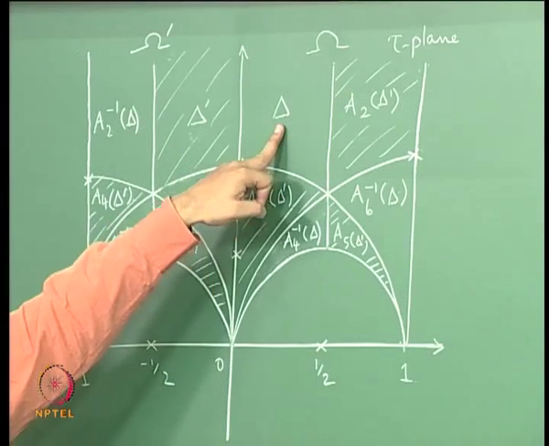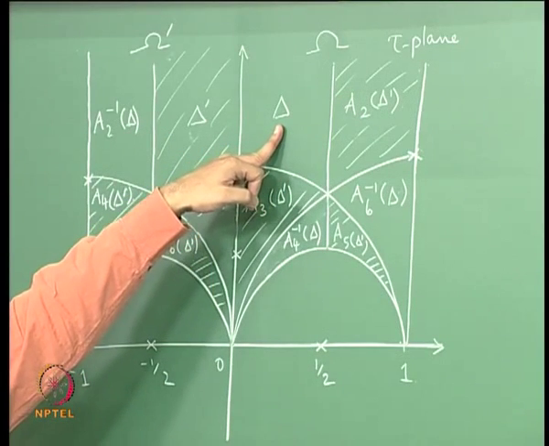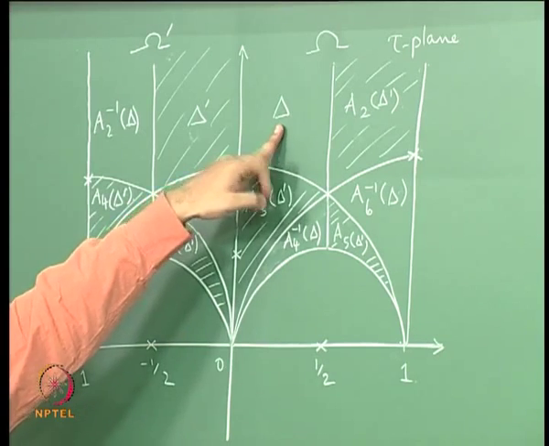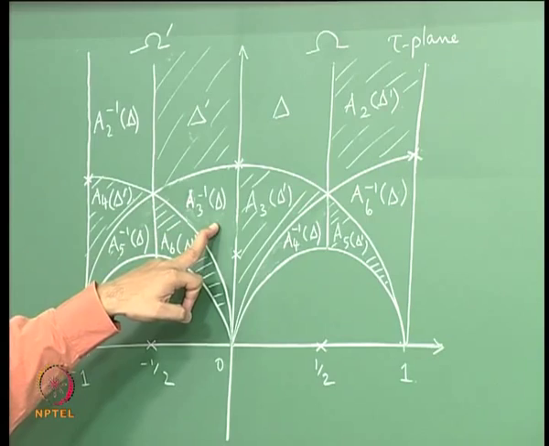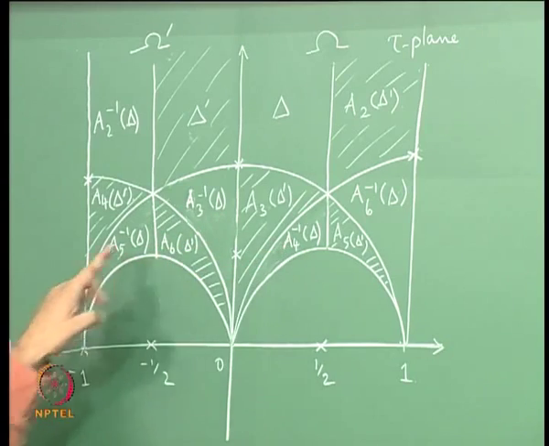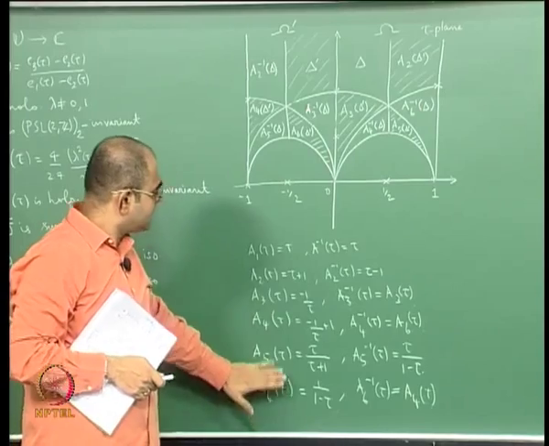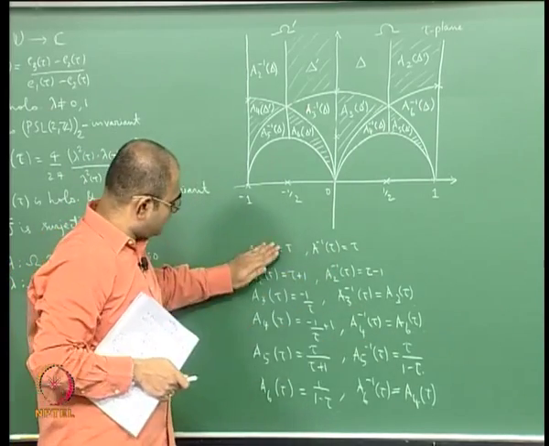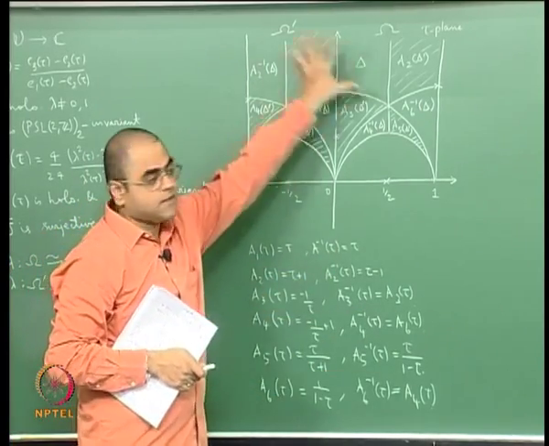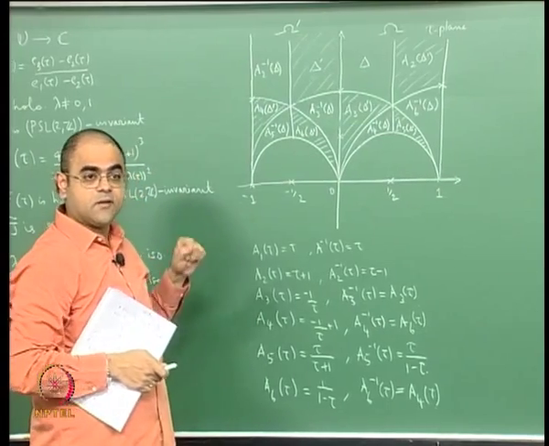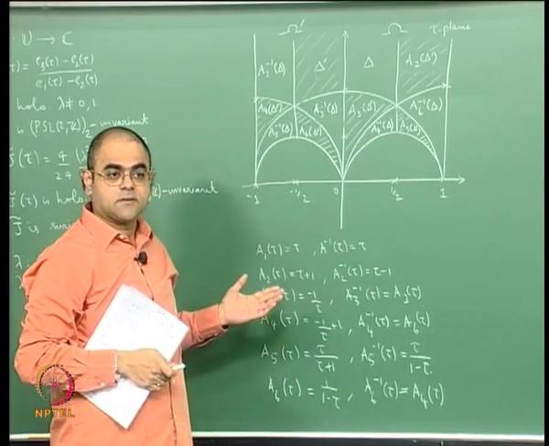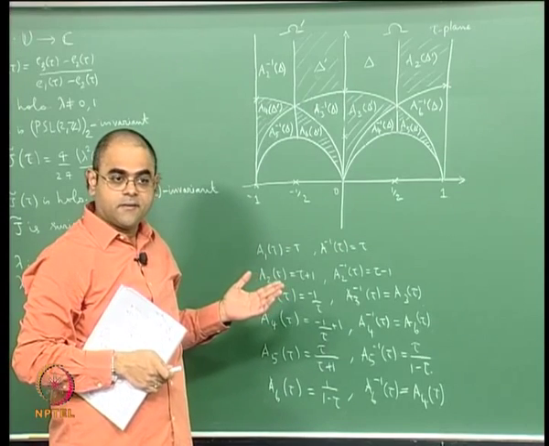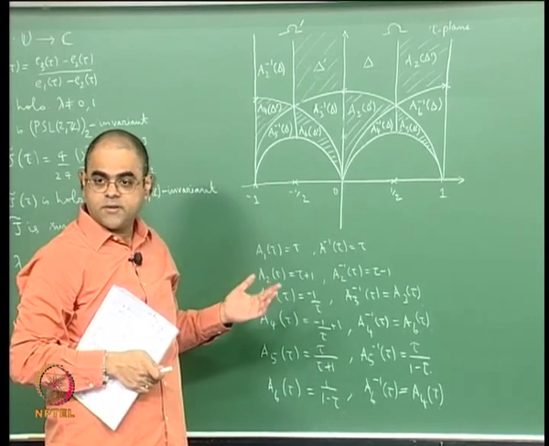So this is A1 inverse of delta, which is the same as A1 of delta, which is identity, then A2 inverse, A3 inverse, A4 inverse, A5 inverse, and A6 inverse of delta. This is how all these 6 transformations and their inverses map this region. Because they are all Mobius transformations, the mappings are conformal, and boundaries are mapped to boundaries and so on.